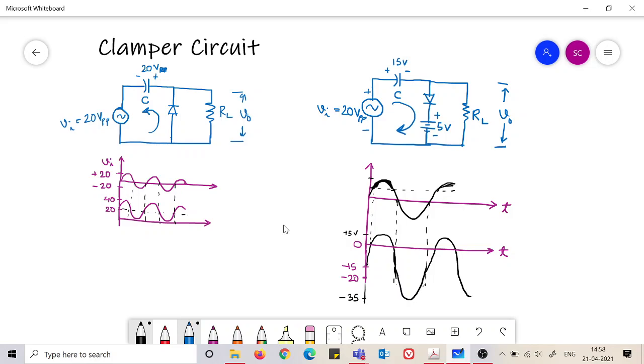Also another thing, that the charging happens instantaneously, because the charging circuit, we have neglected the resistance of the diode, which is actually very small. The AC resistance, we have seen that it is very small. So the charging happens almost instantaneously, that we can consider. So the charging happens instantaneously and the discharging never happens. So these two considerations we can have when we are dealing with diode circuits with capacitances.